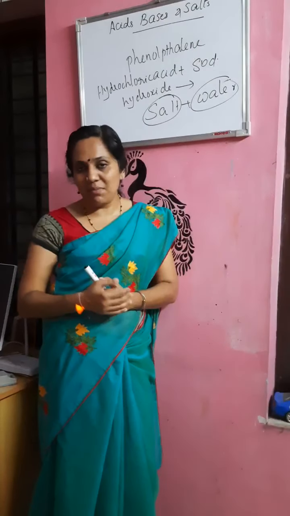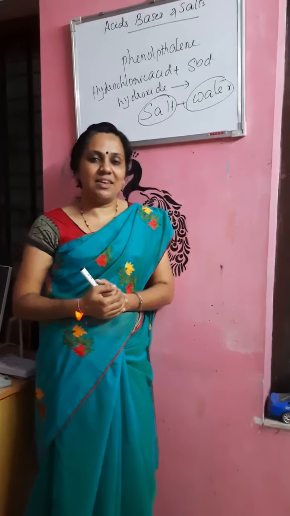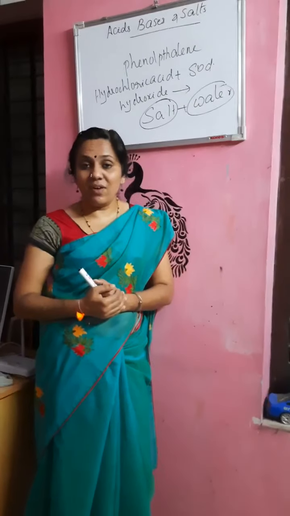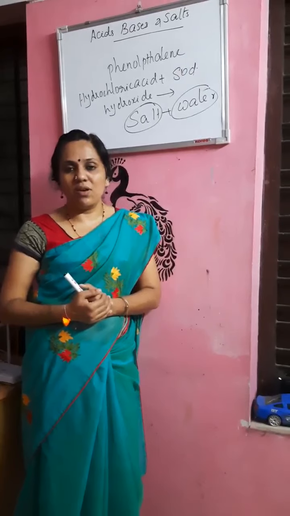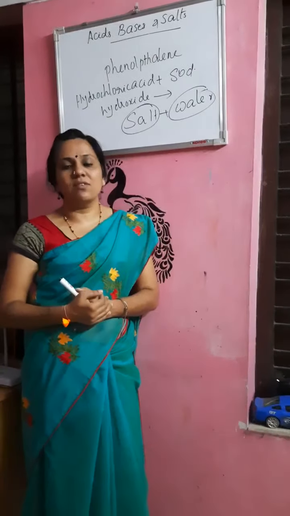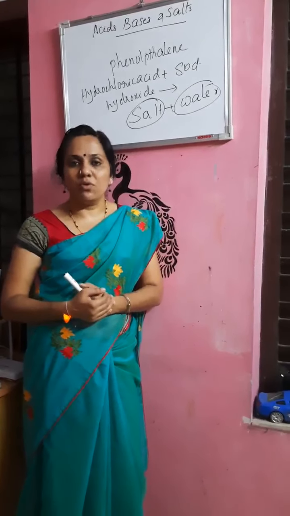Calcium oxide or quicklime is basic in nature. Calcium hydroxide or lime water is also basic in nature. They will nullify the effect of the acid in the soil. So what will happen now? The soil is fit for the plant to grow. Similarly, sometimes in some areas the soil will be too basic, so the plant will not be able to grow in that condition.